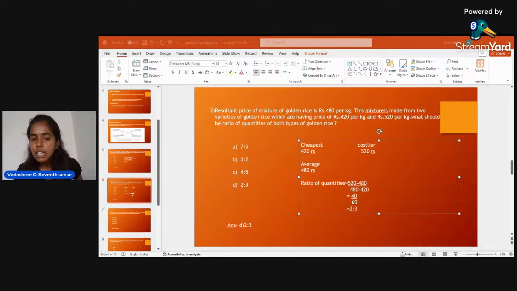So 520 minus 480 is 40 and 480 minus 420 is 60. If we divide by 20, 20 2s are 40 and 20 3s are 60. So the answer is 2 is to 3. The ratio of quantities of both types of golden rice is 2 is to 3.